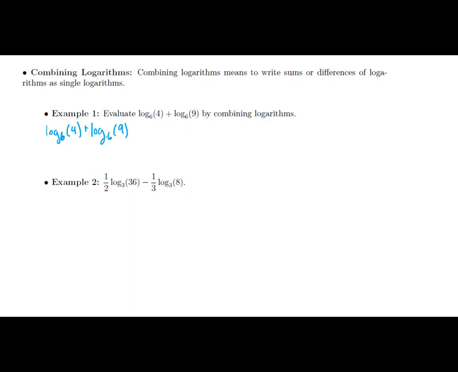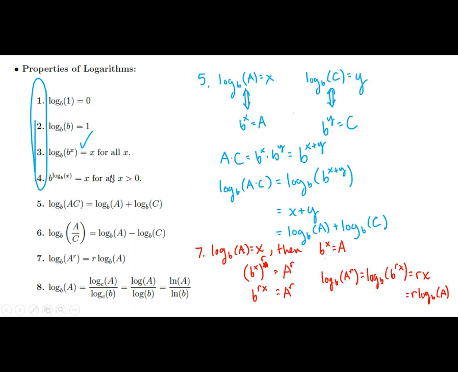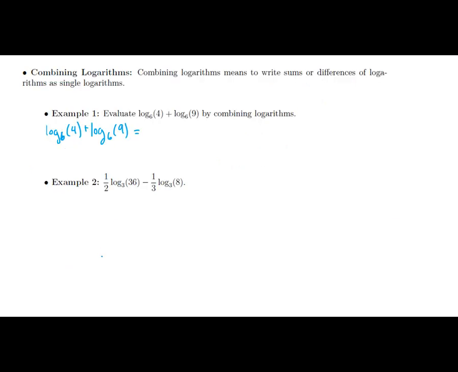Because the bases are the same, and let me just emphasize from that previous page that it's really important that the bases are the same when you're trying to add or subtract them. But if the bases are the same, then property number 5 told us that we can just go ahead and combine this into a single logarithm by multiplying 4 and 9.